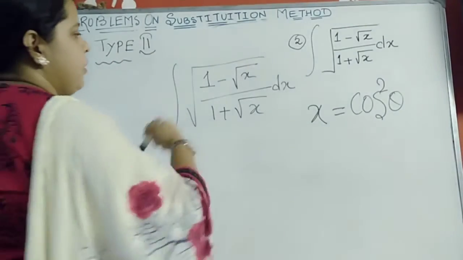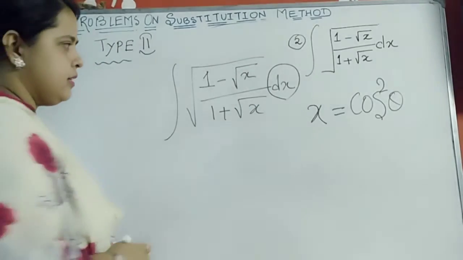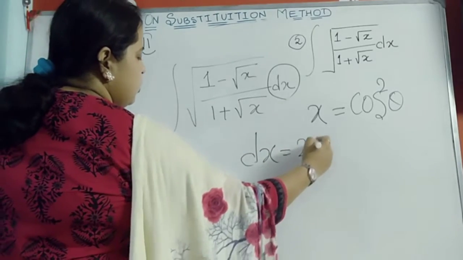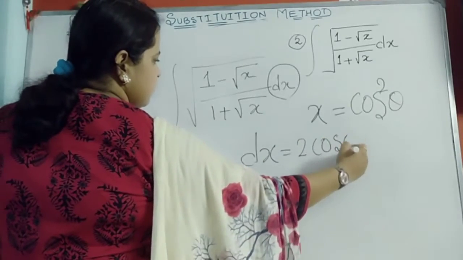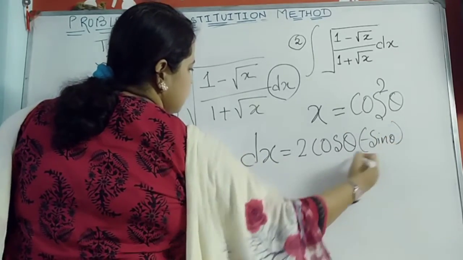Correct. But that is not enough for me. We have to think about this dx. So dx is 2 cos theta, minus sin theta d theta.